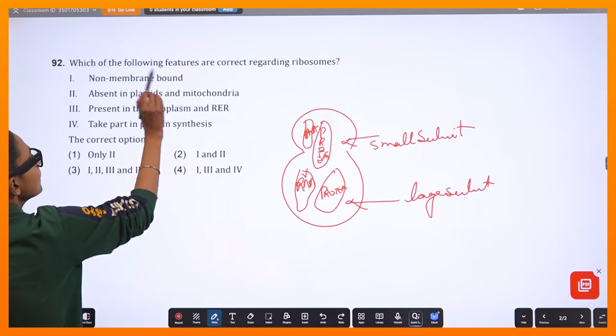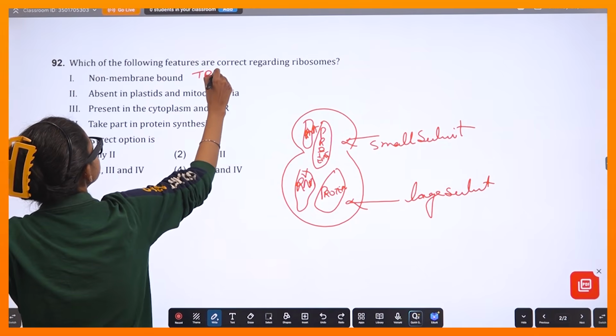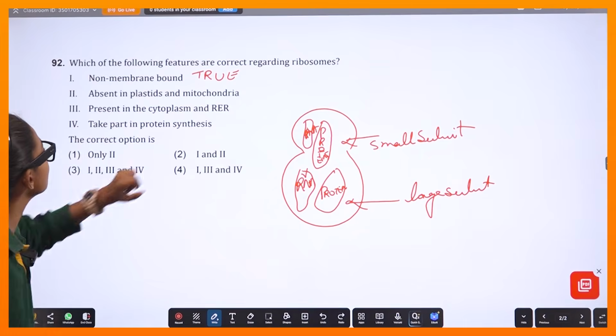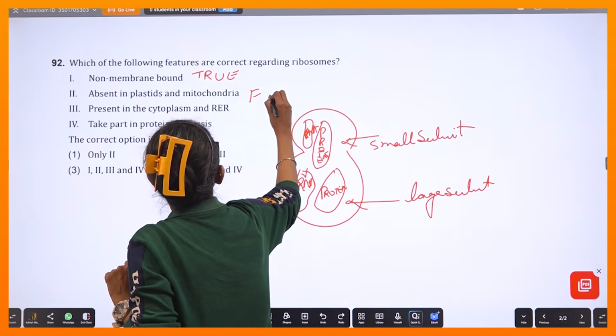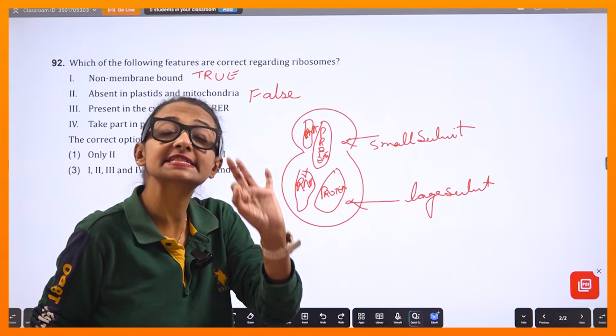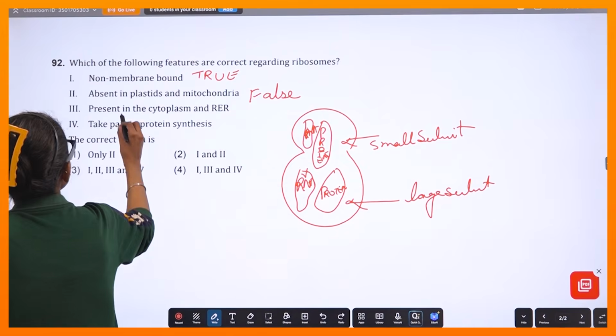Non-membrane bound, true. Absent in plastids and mitochondria, false. In mitochondria and in plastids, we have 70S ribosomes.